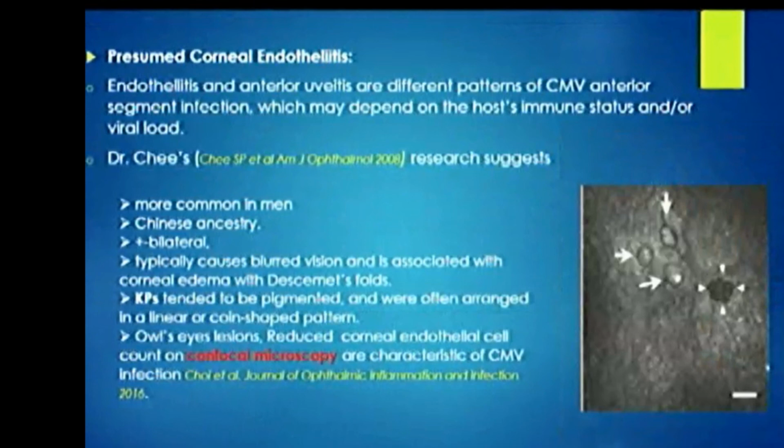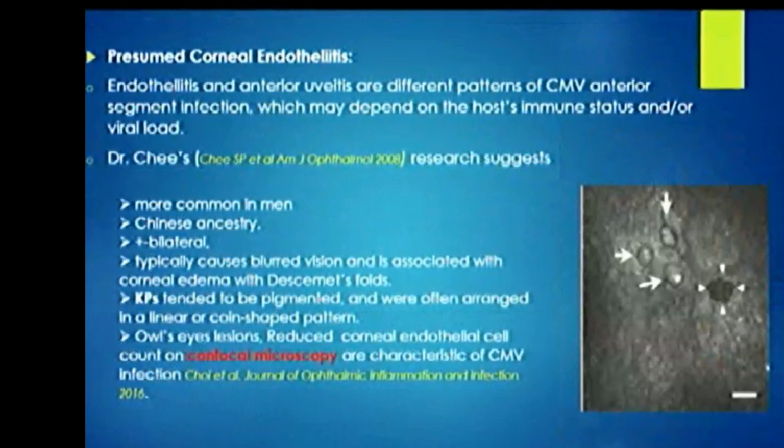And this is very easy to diagnose using specular or confocal microscopy, and is very pathognomonic for cytomegalovirus corneal inflammation. This is the other point, in addition to reduced corneal endothelial cell count.